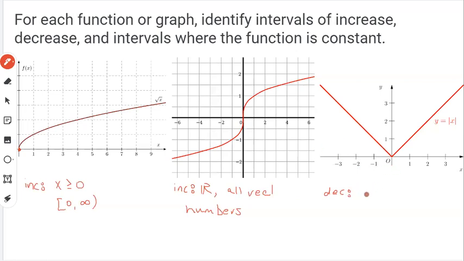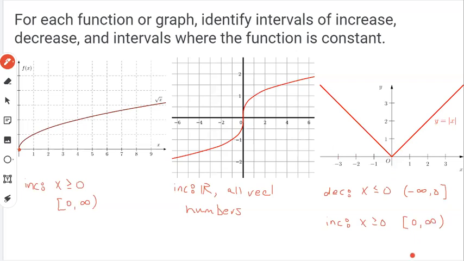So we can say it's decreasing when x is less than or equal to 0, but it's going to be increasing when x is greater than or equal to 0. When x is on the positive side, it's increasing. But when x is on the negative side, it is decreasing. So we can say from negative infinity to 0, the function is decreasing, and from 0 to positive infinity, the function is increasing. So that is the absolute value function.